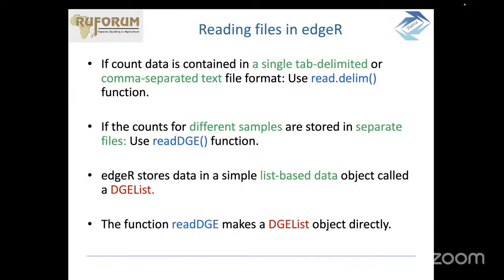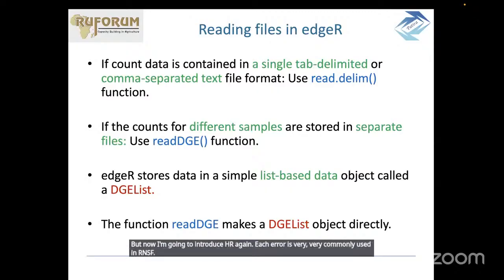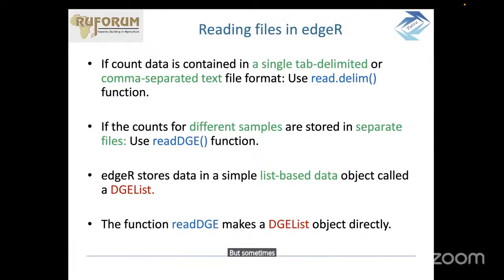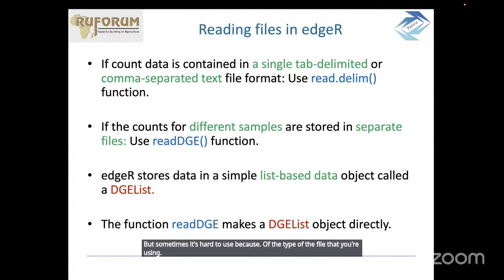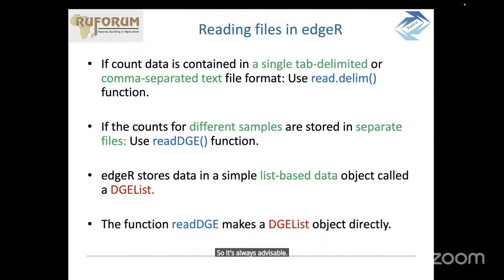Now I'm going to introduce edgeR here. edgeR is very, very commonly used in RNA-seq, but sometimes it's hard to use because of the type of file that you're using. So it's always advisable when you're using edgeR to have the file read in a demultiplexed format.